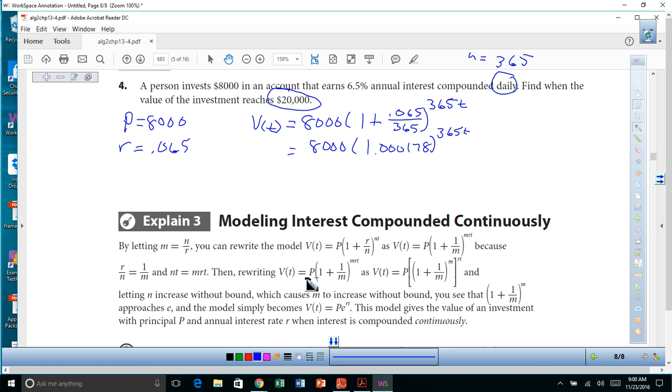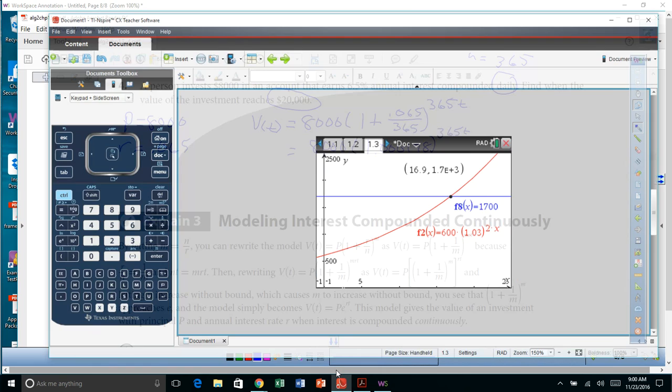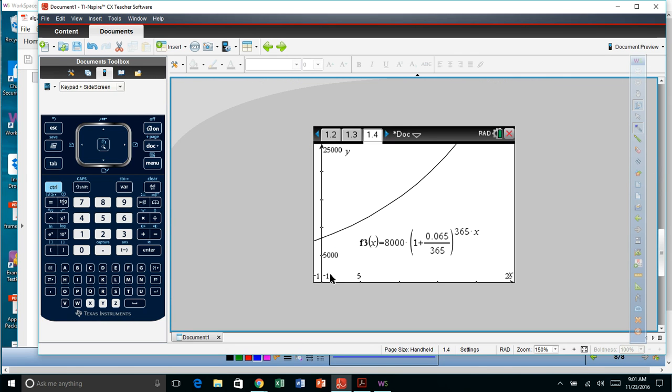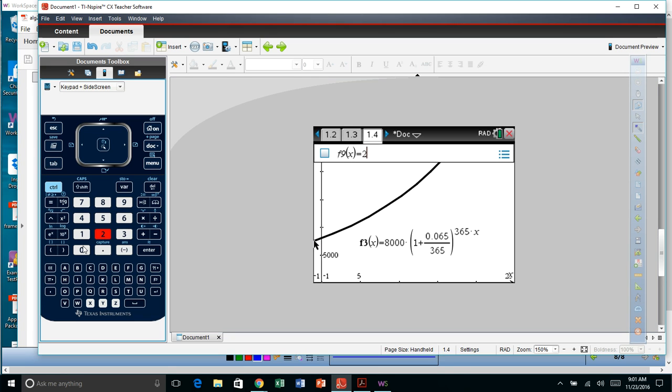All right, so let's go ahead and graph that. See, now notice I didn't simplify it. I just put it in there just the way it is, right? Okay, and I got my Y scale up to 25,000, and I hope I got this out far enough. So we're going to press tab and put in 20,000 because that's what it's wanting to know. 20,000.